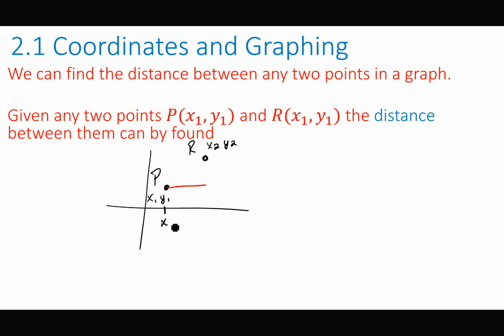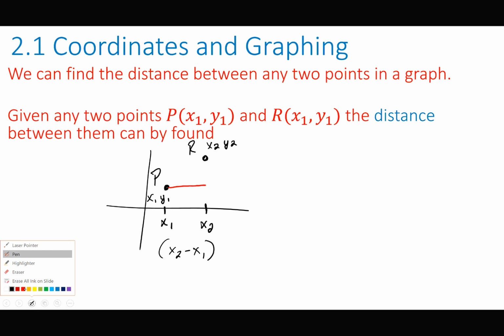That means I was at some x sub 1, and I went over to some x sub 2. To find that distance between the two, I would simply take x sub 2 minus x sub 1. When we did it with that 3, it was 3 minus 0, so we didn't have to worry about anything.